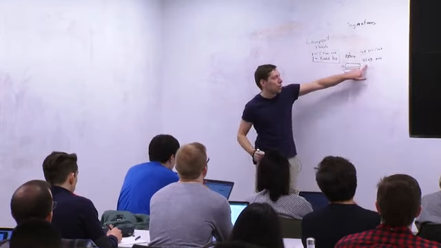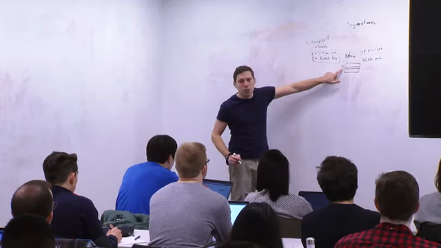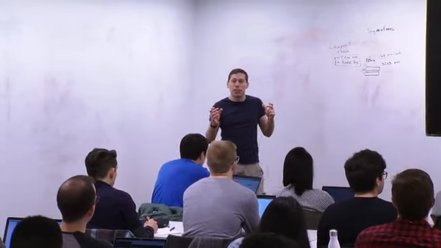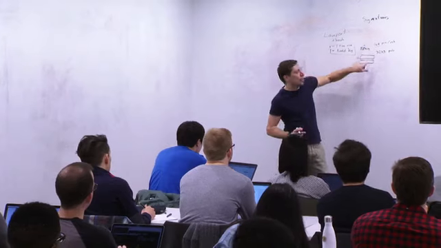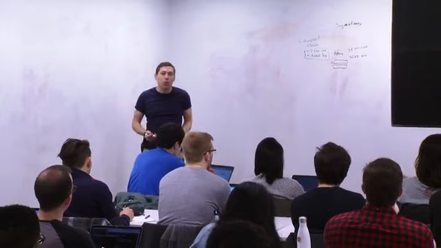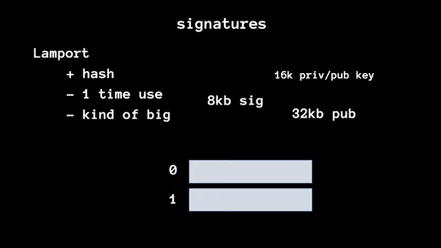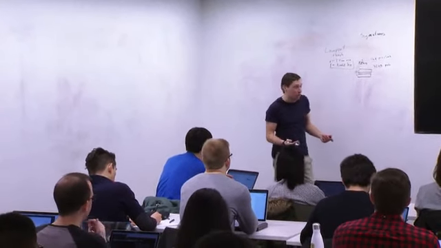Then you look through the 32 kilobyte public key: it starts with a 0, so it's using the first sub key; with a 1, it's using the second, latter sub key. That would let you use your public key twice, at the cost of doubling your public key size, which is not very efficient, but it does sort of work.